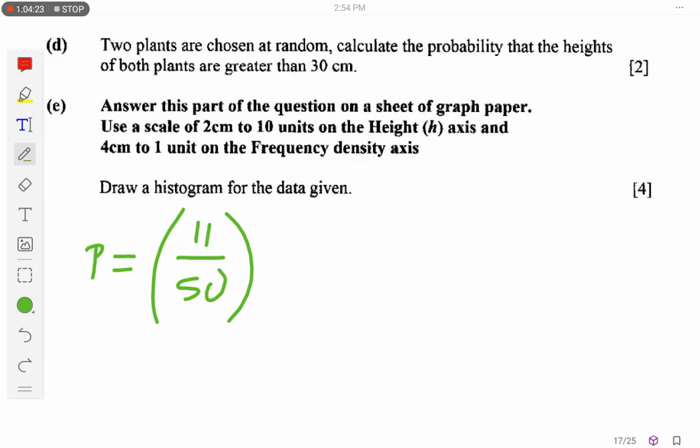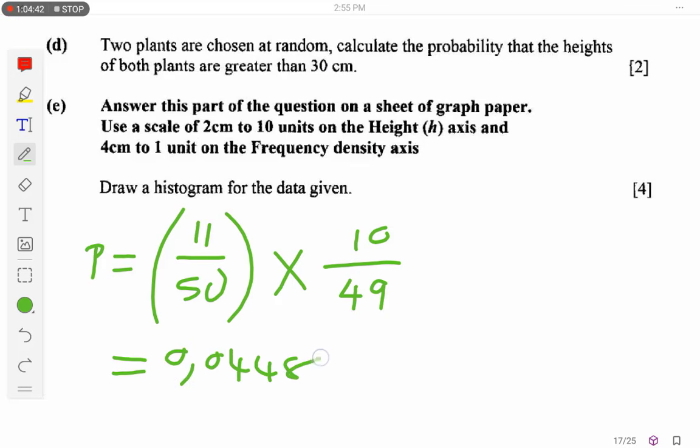So we have taken one plant, for the second plant we subtract 1. That will be 10 over, total was 50, we subtracted 1, that's now over 49. So if we multiply this, we'll get 0.04489. Okay, so this is our probability.